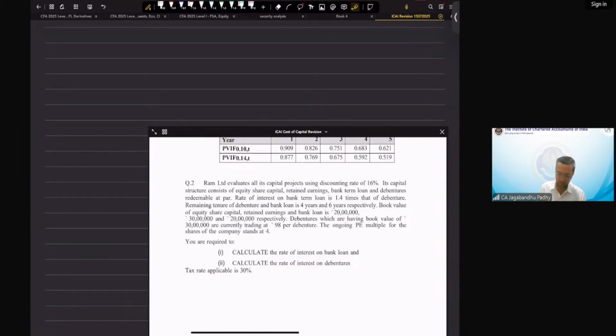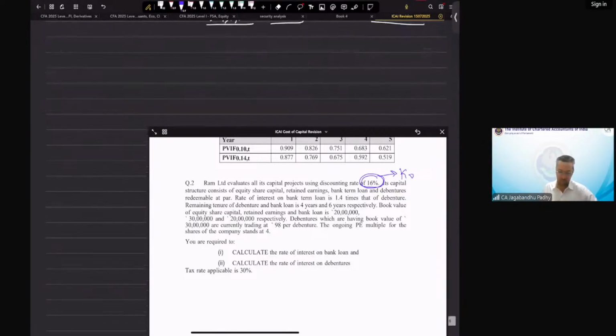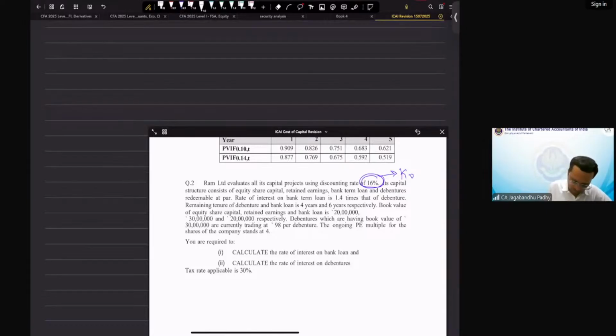So what we have right now as numbers is, since we evaluate all the capital projects using a discounting rate of 16%, what is this 16%? This is Ko. So we have the information given to us as Ko is 16%.